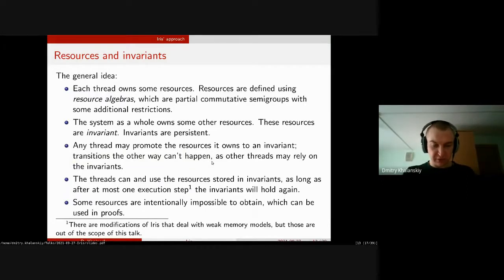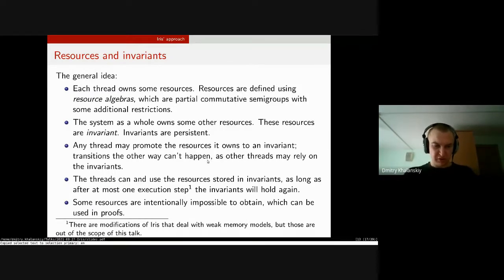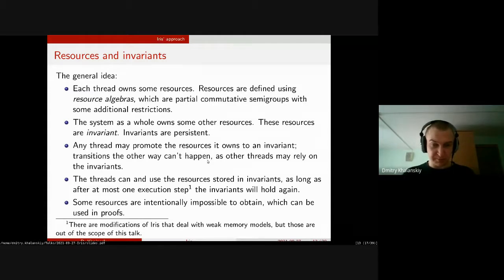This is done so that any thread can rely on invariants without bothering to check if the invariant is no longer valid due to actions by some other threads, which is a recurrent theme in the design of Iris.